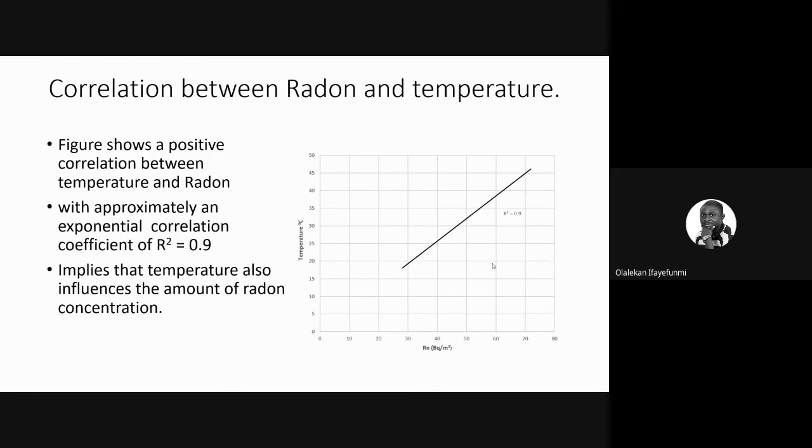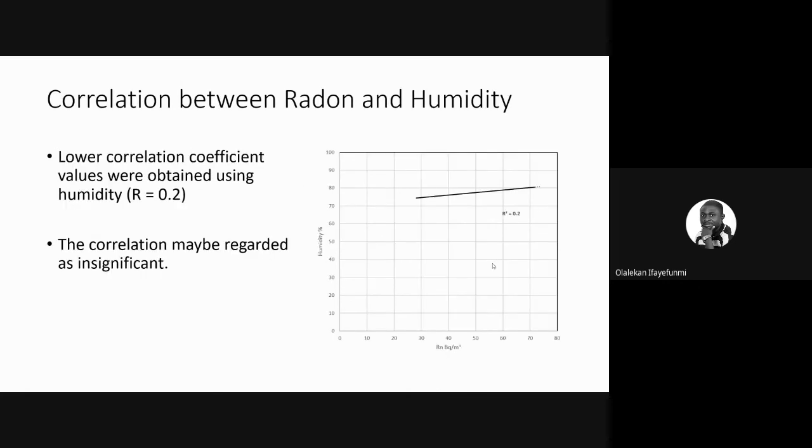This implies that temperature also influences the amount of radon concentration. There are also research works in line with this. We also did this for humidity, but the correlation was very low, so it may be regarded as insignificant.